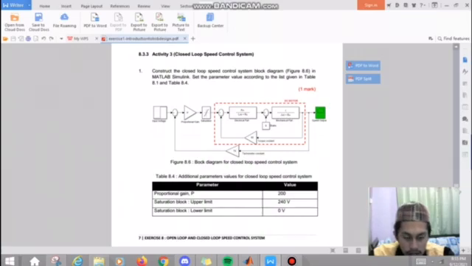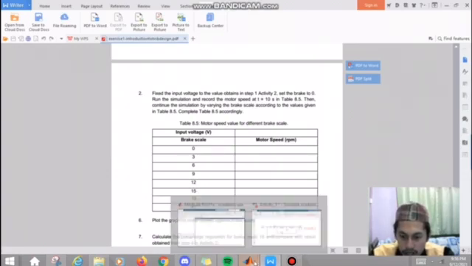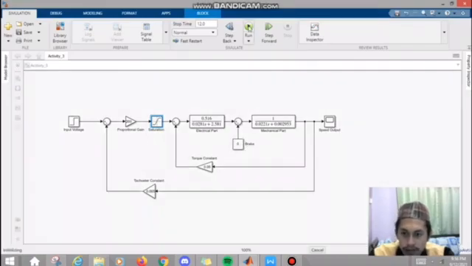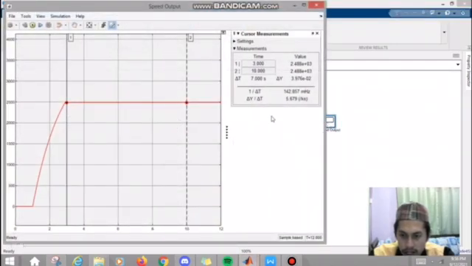The question wants us to find the motor speed at brake scales 0, 3, 6, 9, 12, 15, 18 and 21. We start with brake scale 0, so we run it. We must find the motor speed at t equals 10 seconds.